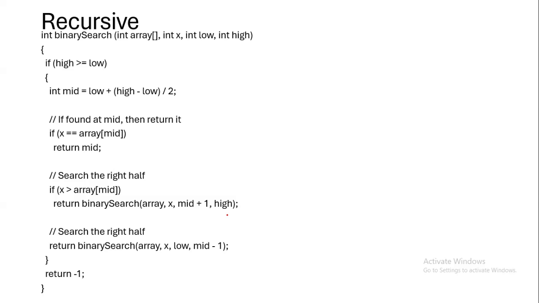If low becomes greater than high, it means the element is not present, so we return minus 1. Minus 1 is returned if the element is not present, and if the element is present, it returns the index where we found the first match.